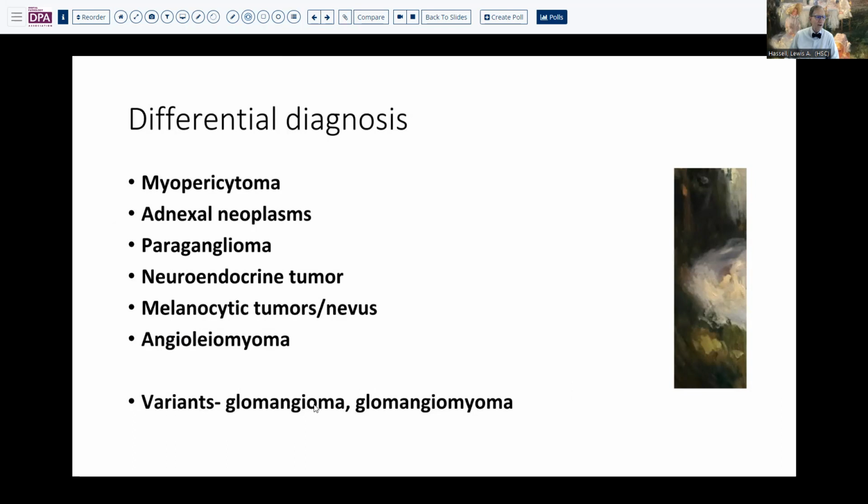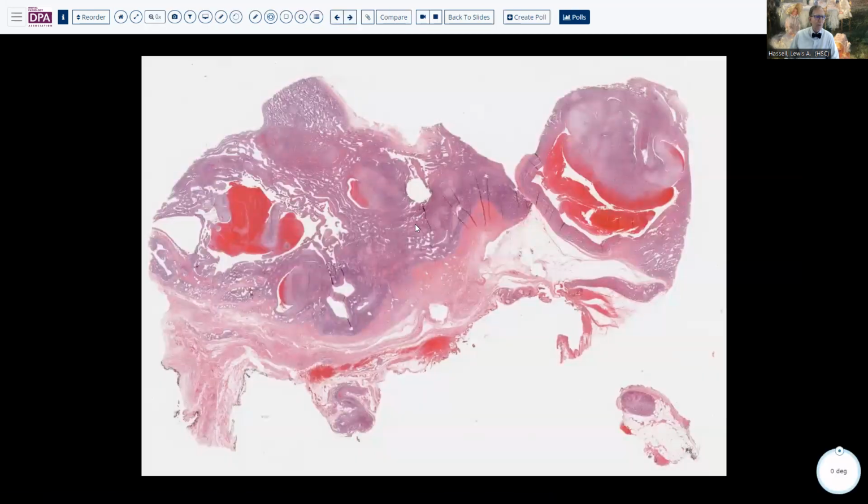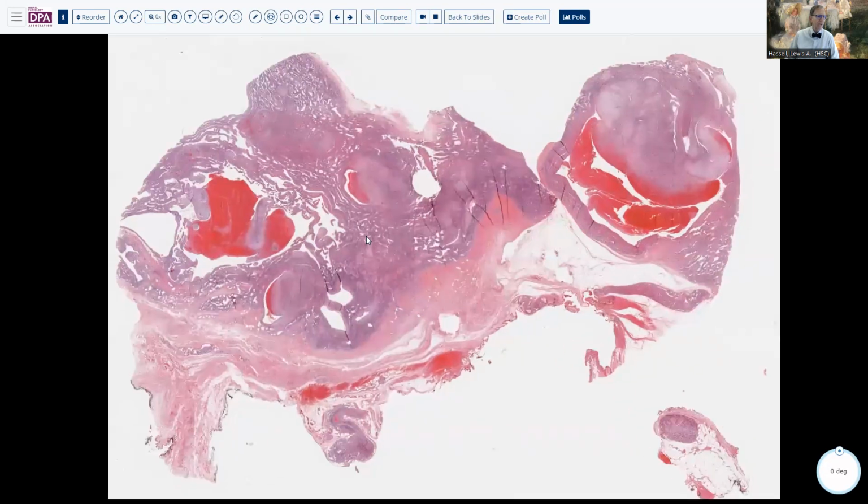And then, of course, there are some variants where you get a differing degree of angiomatous or angiomyomatous differentiation in lesions. Malignancy is usually defined by high-grade atypia, areas of necrosis, proliferation, and so forth, as you would expect for other locations as well. So I thought it would be interesting to just compare and contrast here a couple of those things that are in the differential diagnosis.